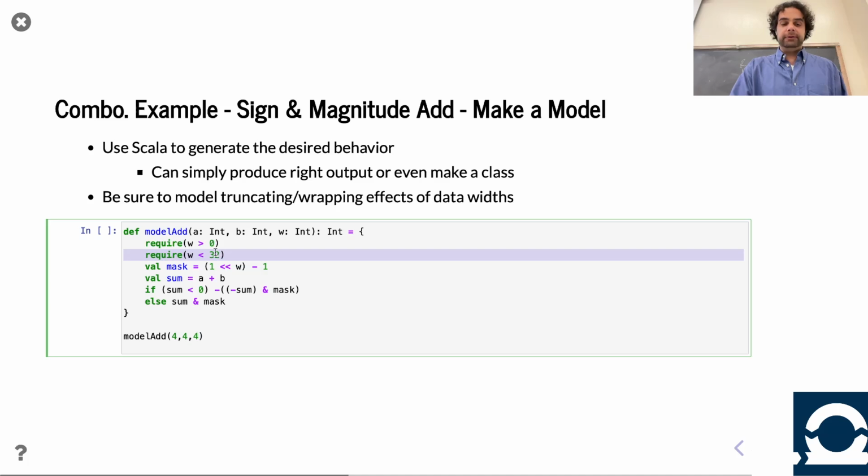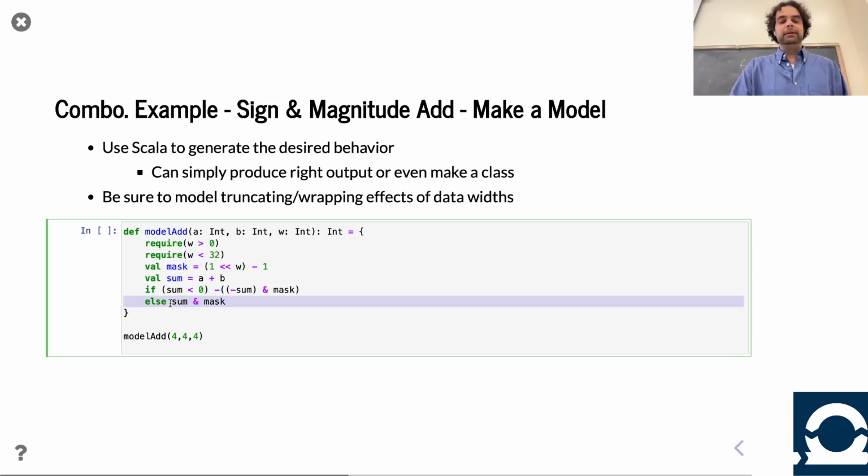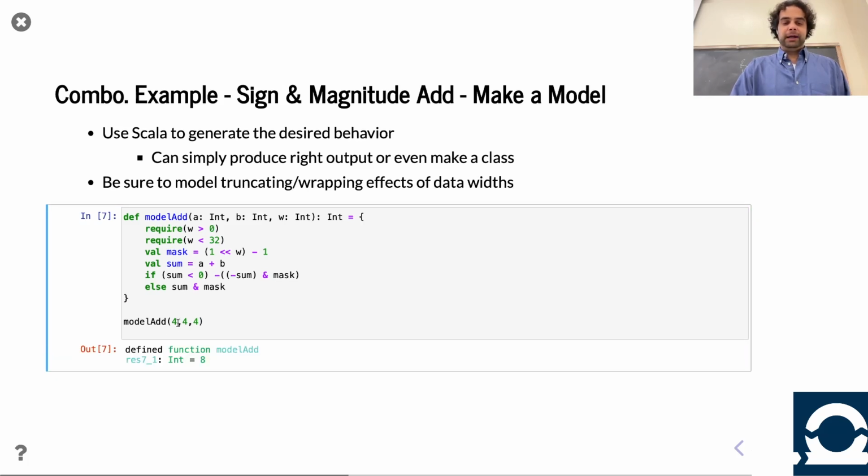So to model the truncation behavior, we have this binary arithmetic, which I'm not going to go into right now, which computes a mask and does some cleverness to apply the mask, and it works out. Part of the complexity here is that this is a signed number, and so to handle a signed number, you have to do some extra stuff. But say, for example, I have a 4-bit W and add A and B. 4 plus 4 is 8, and that fits fine in 4 bits.